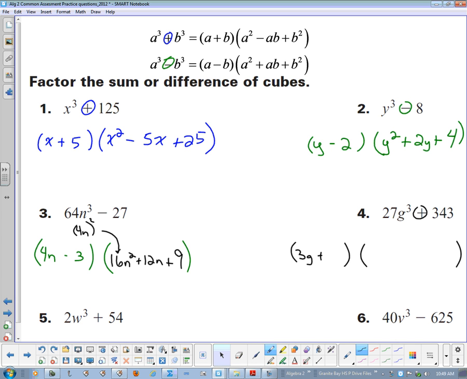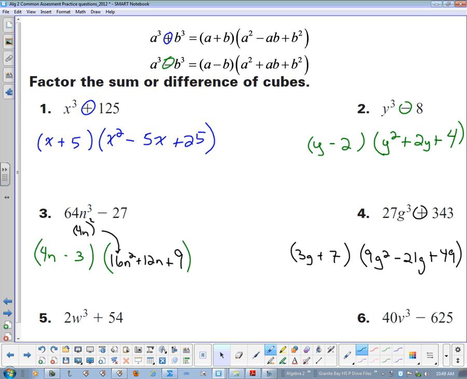And then we have the cubed root of 343. 7. This one now will be 3t quantity squared, so it's going to be 9t squared. And notice up there it's going to be a minus 21t. And finally, plus 49.